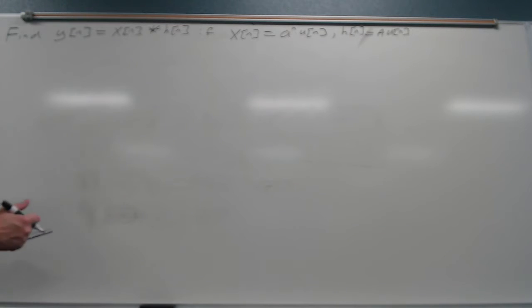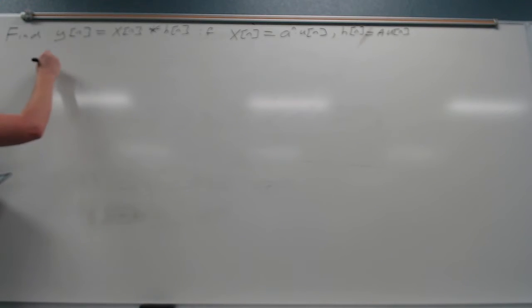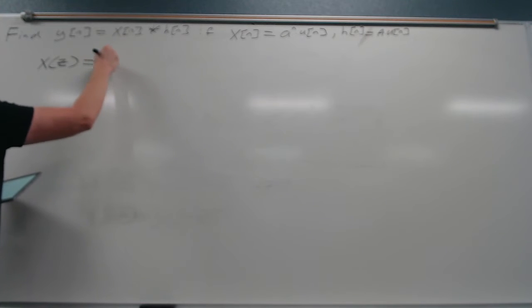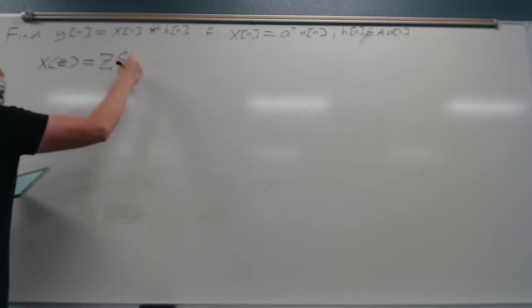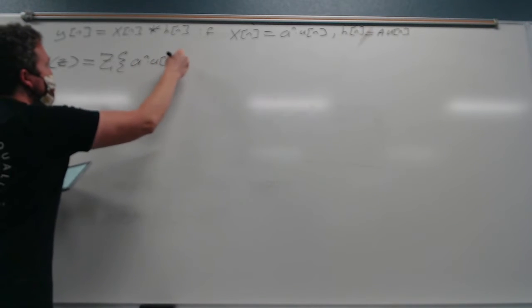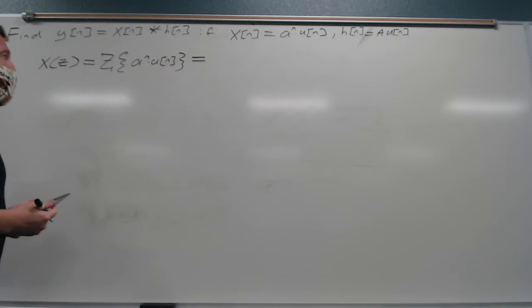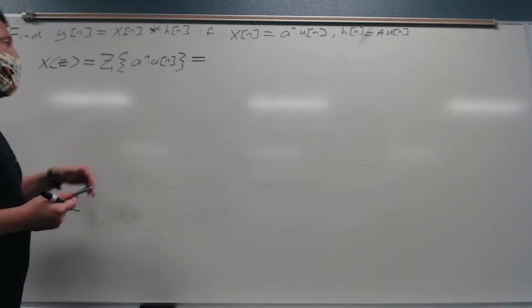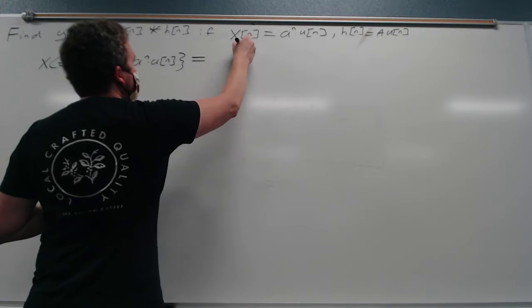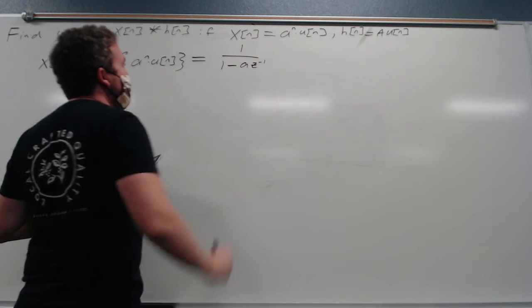All right, so let's see. Let's start with getting our z transform of x. Now we worked through several examples involving this sequence, so hopefully we recognize this by inspection as just 1 over 1 minus a times z to the negative 1.